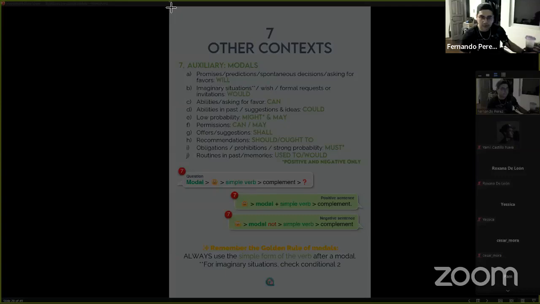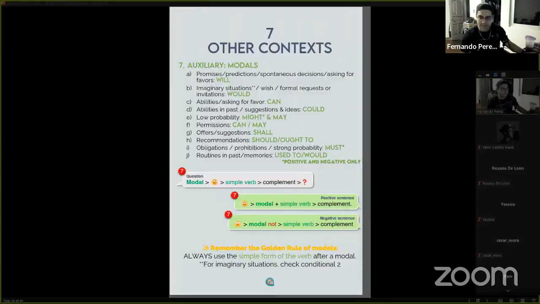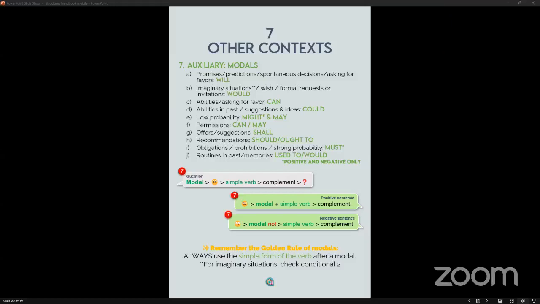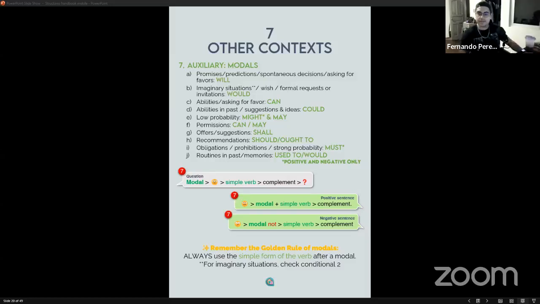Do you think you can give examples in this moment with modals? I think you can. But what do you think? With modals in general. With these auxiliaries. Auxiliaries are modals. Will, would, can, could, etc.